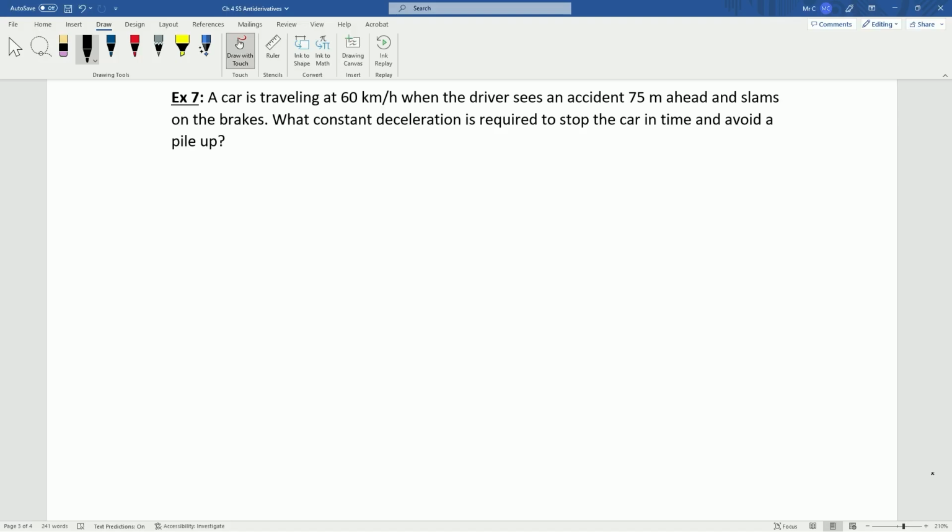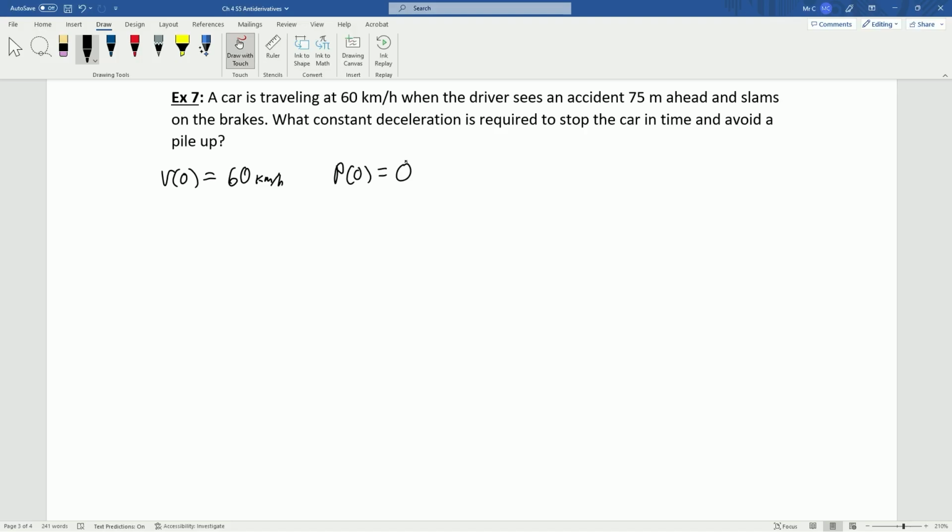So let's go ahead and collect the information we have: what we know, what we want to know. We know the initial velocity when the driver slams on the brakes is 60 kilometers per hour. We can set the initial position of the car to be 0, and we can choose what we want to label the initial position.